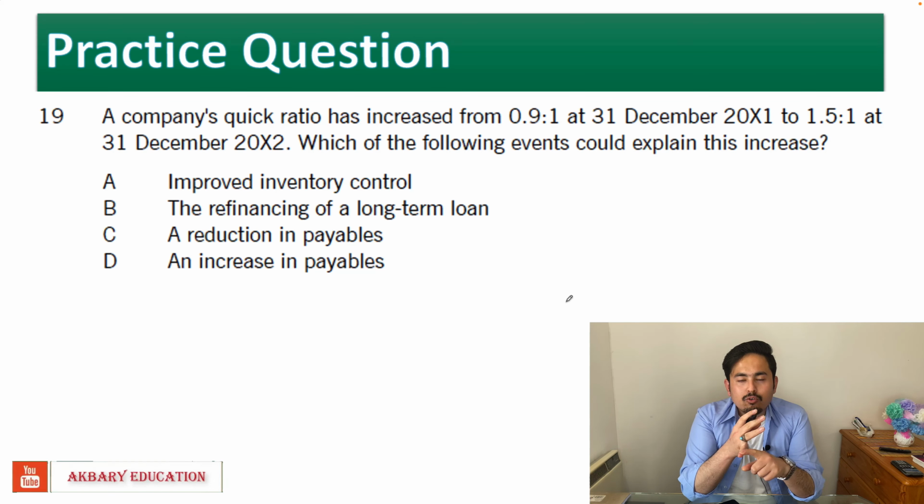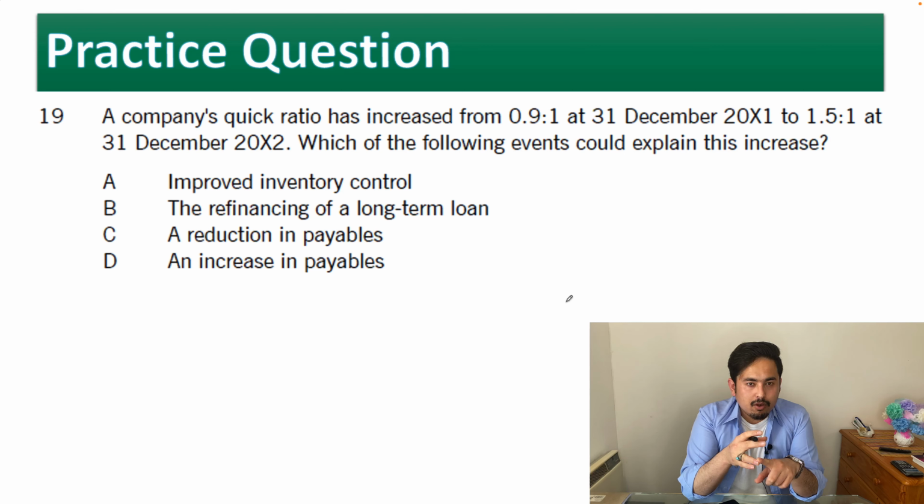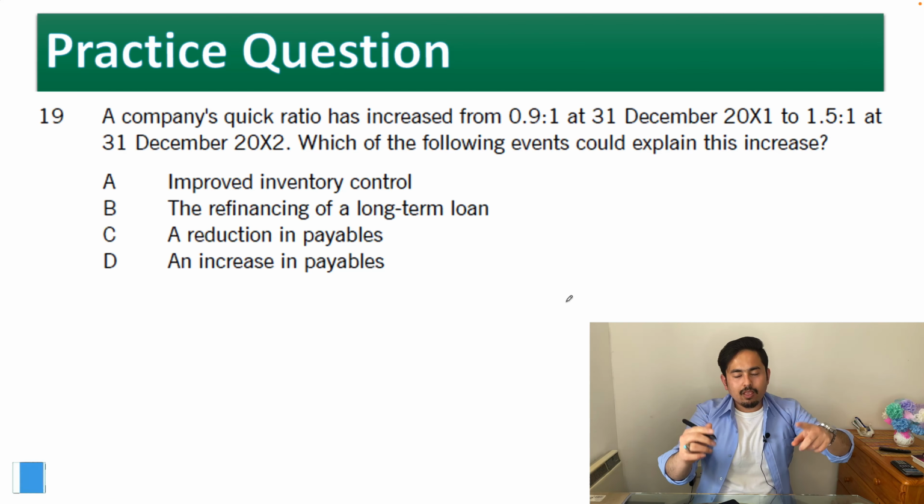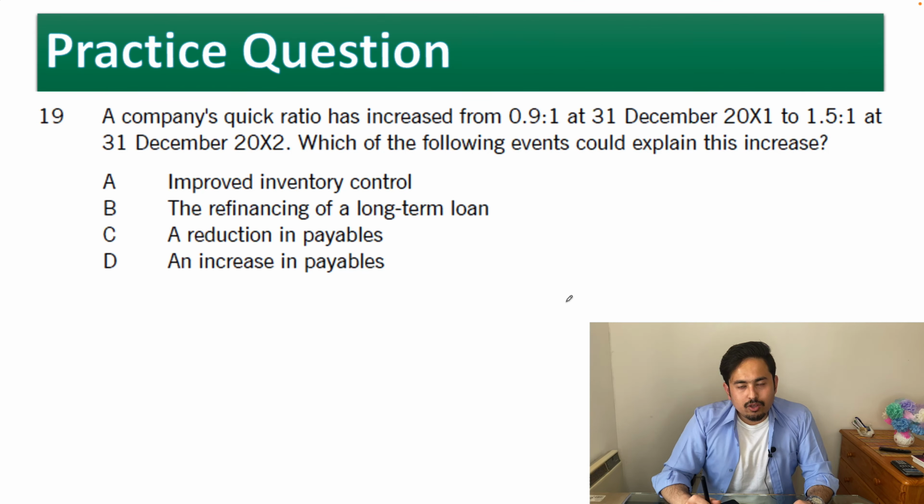We have improved inventory control, the refinancing of a long-term loan, a reduction in payables, and an increase in payables. Let's directly jump to each of them. A. Improved inventory control. Do we consider the inventory in quick ratio and quick assets? No, so there will be no impact.